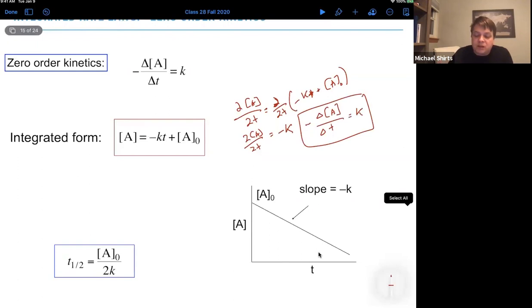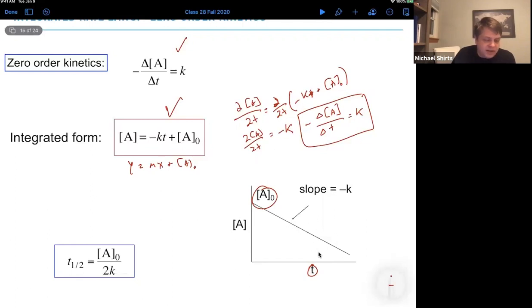So we can plug in and show that this equation indeed satisfies this differential equation everywhere. Okay, so this is, of course, very nicely in the form y equals mx plus b, where t is our independent variable, the slope is minus k, and the intercept is simply the initial concentration. These are very easy to read off.